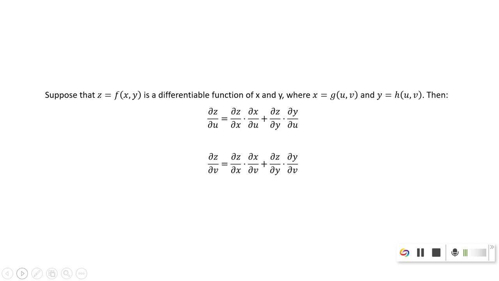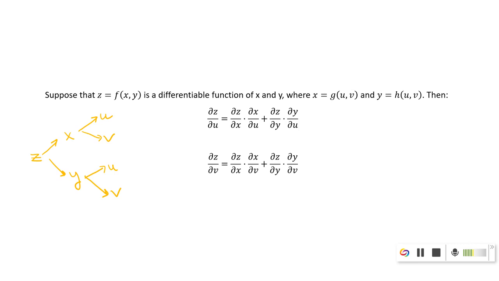Now, we can extend the chain rule to functions of more variables. So for example, in this case right here, I have z, which is a function of both x and y, and then x is a function of u and v, and y is also a function of u and v.